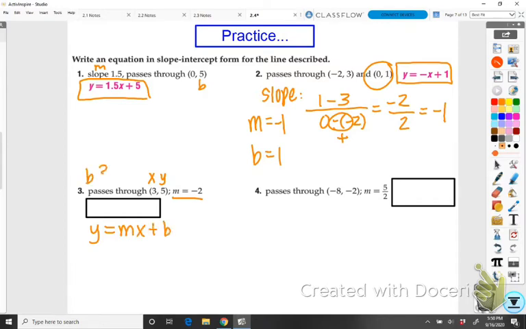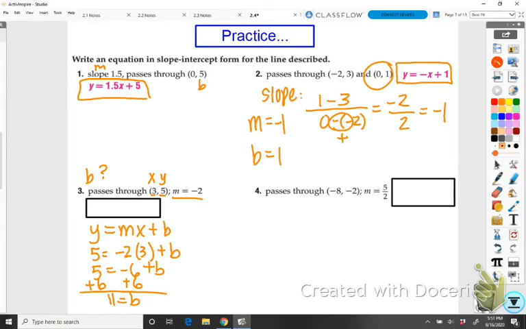So this I don't know yet. I know the y value is a 5, I know the m value is a negative 2, I know the x is a 3. So substitute all those numbers in, and we're going to look for b. So this is 5 = -6 + b. You're going to add 6 to both sides, and b is 11.